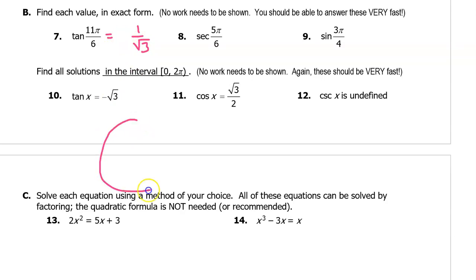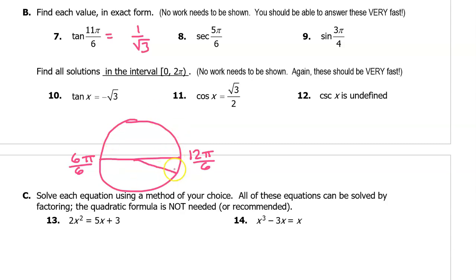So you just need to understand, and all this would be happening in your brain, if we're dealing with a reference angle of pi over 6, then over here at pi, I'm going to think of this as 6 pi over 6. And over here at 2 pi, I'm going to think of this as 12 pi over 6. So 11 pi over 6 is going to be just short of 12 pi over 6.